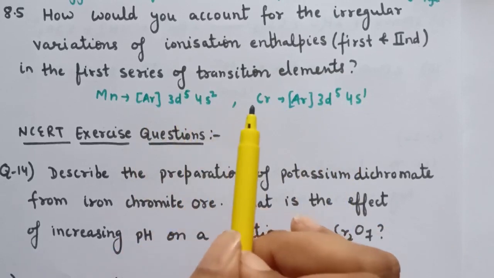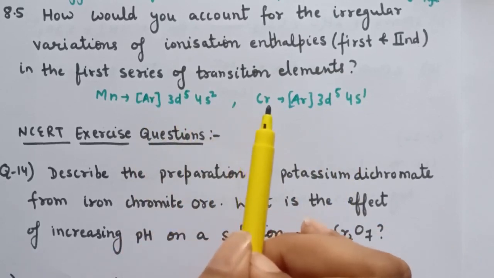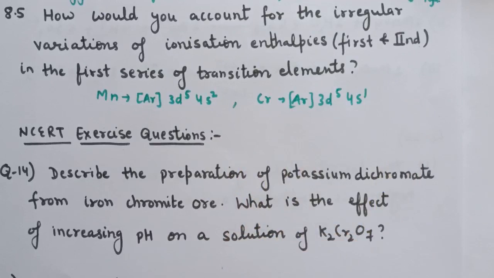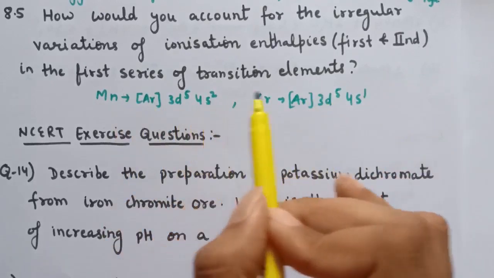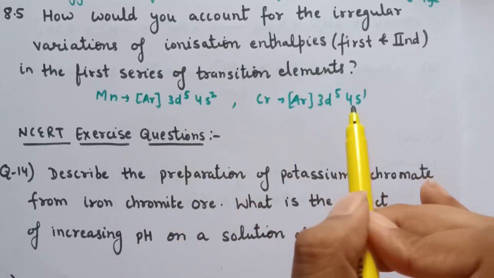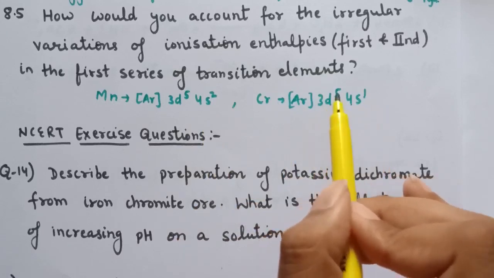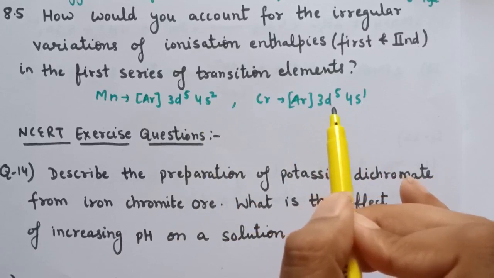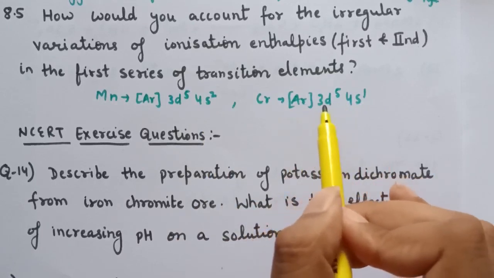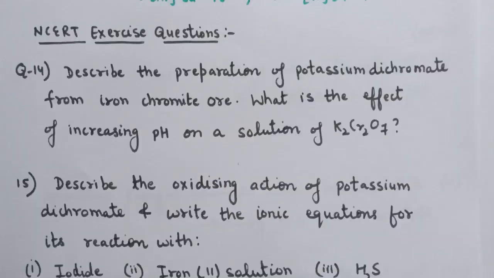But if we compare the second ionization enthalpy, chromium has a higher value as compared to manganese, because after removing one electron from 4s, it will acquire 3d5, which is a stable electronic configuration, and that is why it has a high value of ionization enthalpy.